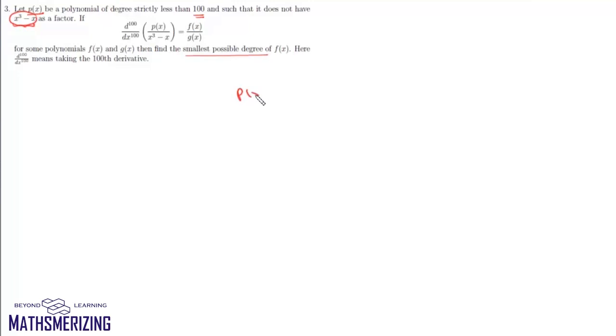So we can write p(x) as (x cube minus x) into q(x) plus r(x), where degree of q(x) is less than 100, and degree of r(x) is less than or equal to 2.